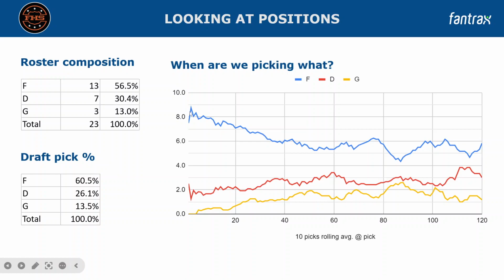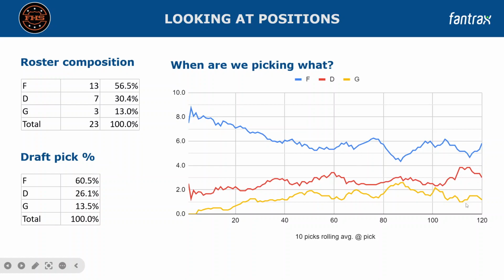But otherwise, you see that at the start of the draft we tend to select more forwards, especially more than we need on our rosters, and then it gradually declines to maybe between 5 and 6 picks of each 10 being forwards, around 3 picks being defensemen, and slightly below 2 of each 10 picks being goalies.